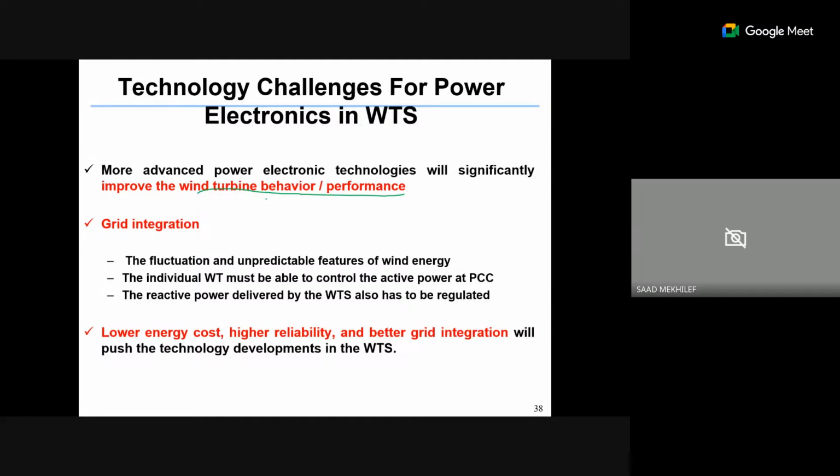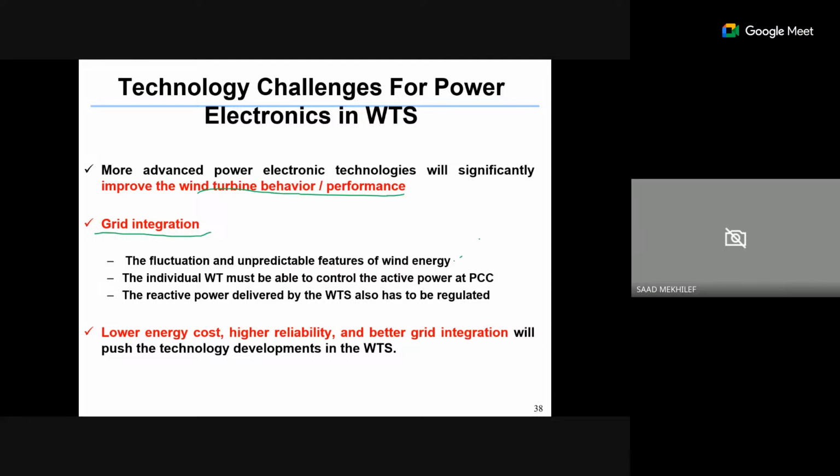So there is a need to improve the performance. Grid integration still has issues to be addressed, and that is also due to the power electronics, especially the fluctuations and unpredictable features of wind energy.